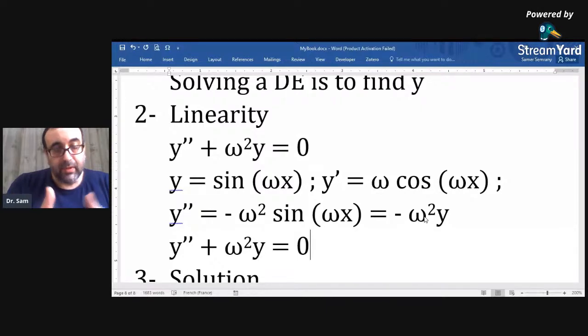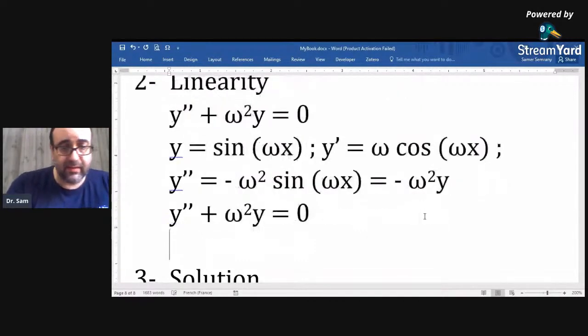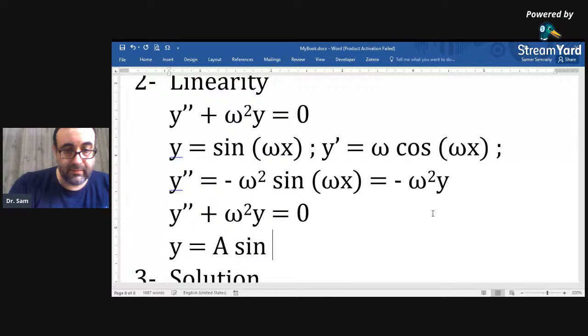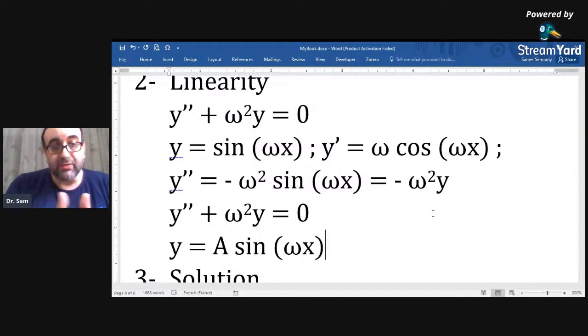But is that the only solution? No. We can see that if, for example, I choose y as a constant, for example a, times sine omega x, it is fine. It's also a solution.